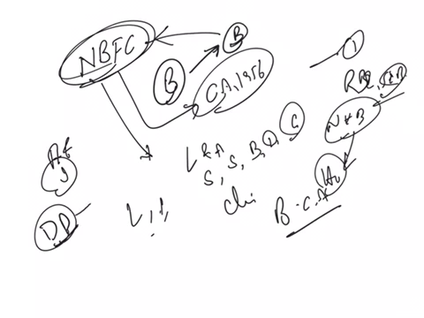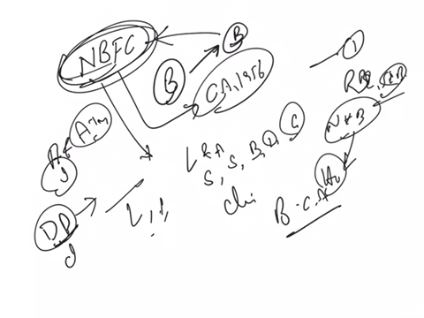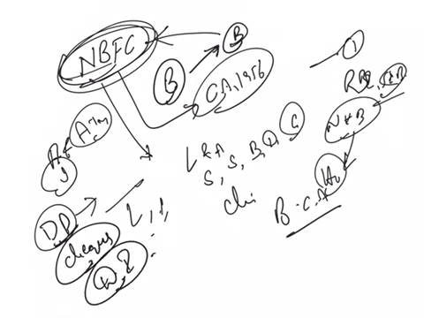Demand deposits means, now we have our ATM cards. Whenever we want money, we will go and draw from the bank. Whereas it is not possible in the case of non-banking financial companies. And they cannot issue checks drawn on themselves. And there is no facility of deposit insurance for the deposits made in non-banking financial companies.